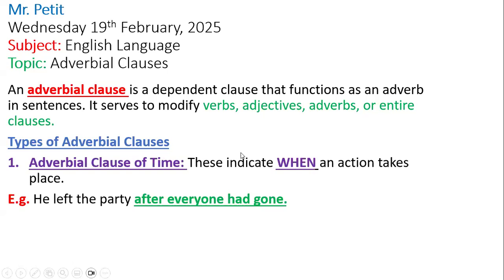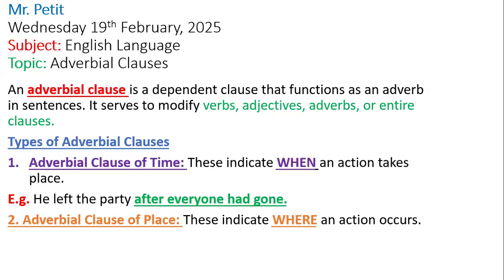What it does is tell us where. So the adverbial clause of time tells us what? It tells us when. And the adverbial clause of place tells us what? Where. Go ahead, Alexandria Charlo, and read adverbial clause of place.